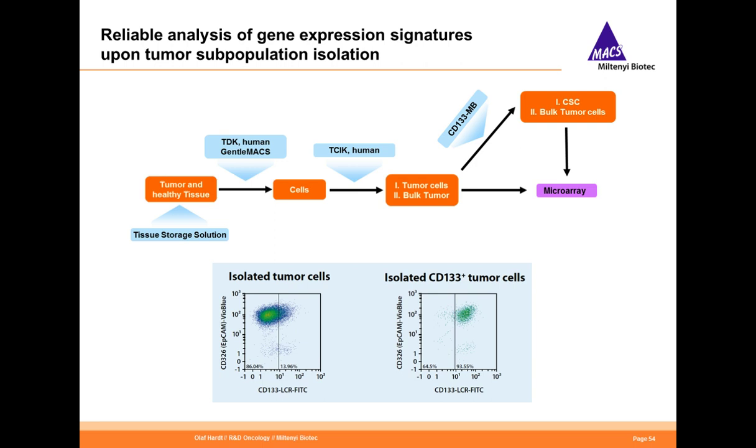Let's call it cancer stem cells or not, doesn't matter, it just means you isolate a tumor cell subpopulation. Whereas we have compared this standard procedure to first isolating tumor cells and then isolating the tumor subpopulation out of these tumor cells, which is possible because it's an untouched separation, so you can do an additional magnetic separation afterwards again.